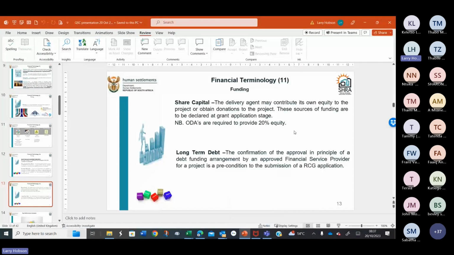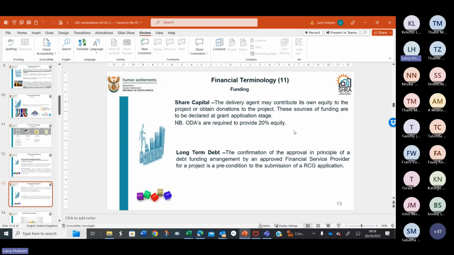So just for your benefit, social housing institutions don't have to put any equity down into the project, because they basically don't have equity. They weren't funded with a lot of cash to start with.